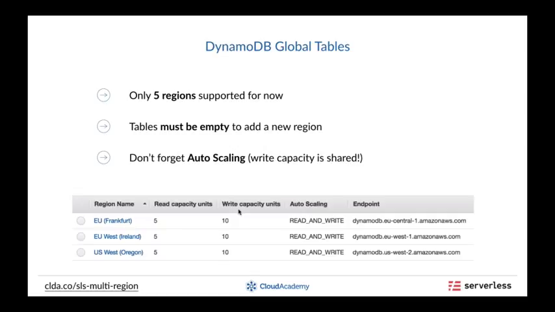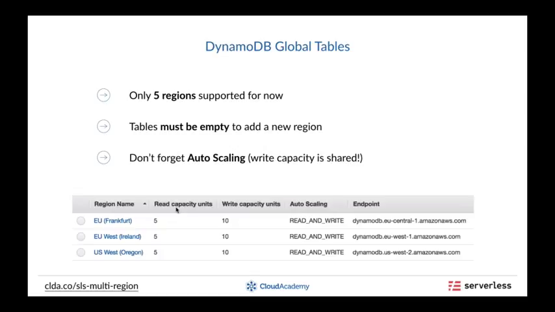In the ideal world, we will be able to evenly split our read capacity units to our 3 regions, assuming that your users, your requests are also evenly distributed. But that's a big assumption. But let's say in general, you will be able to split the read capacity units.